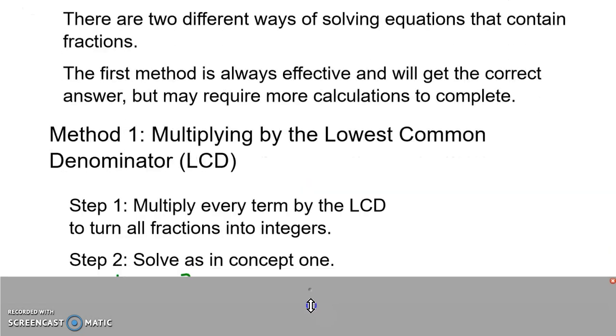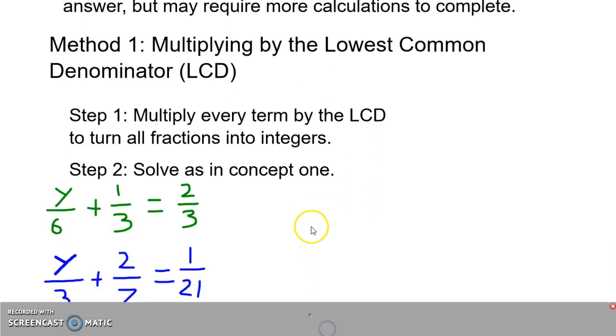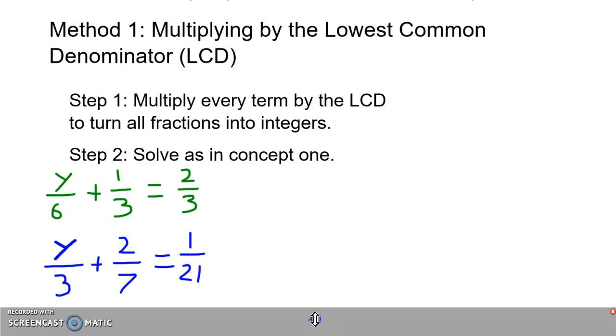When we're looking at a problem, and I'll have two examples for each method, we're going to multiply by the least common denominator, and that has the effect of getting rid of all of our fractions. Our fractions just disappear.